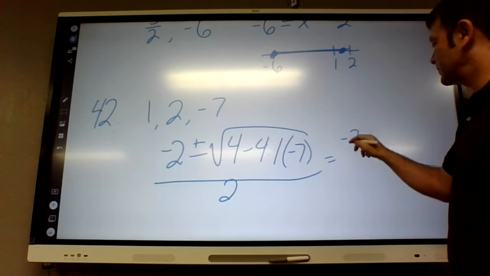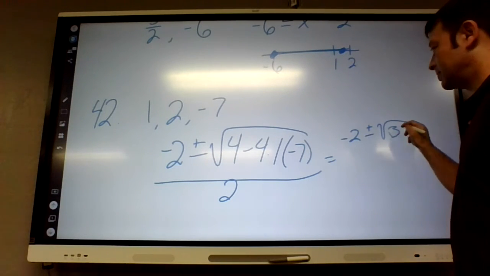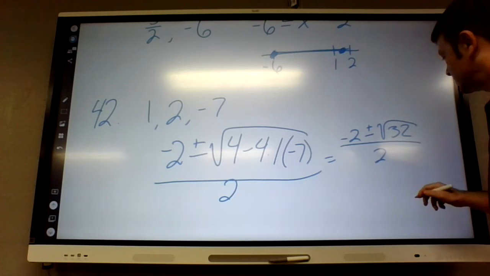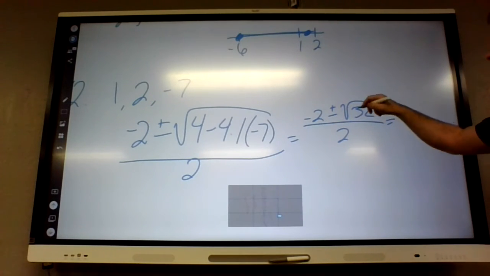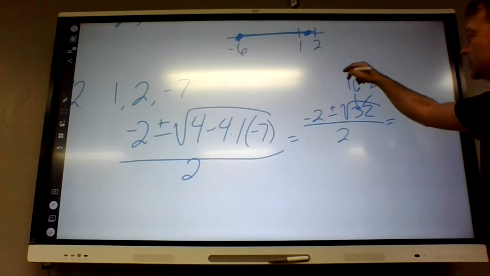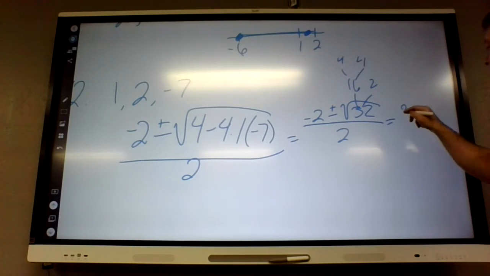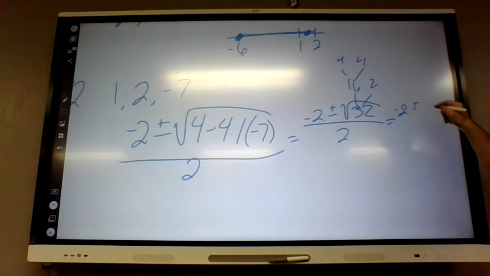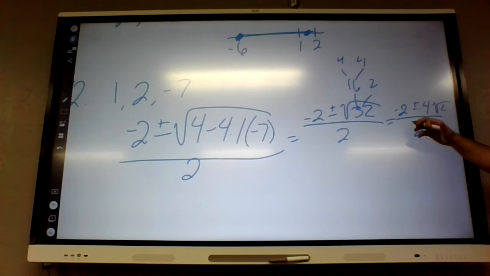equals negative 2 plus or minus square root of 32 over 2. That's negative 2 plus or minus 4 square root of 2 over 2. Simplify.